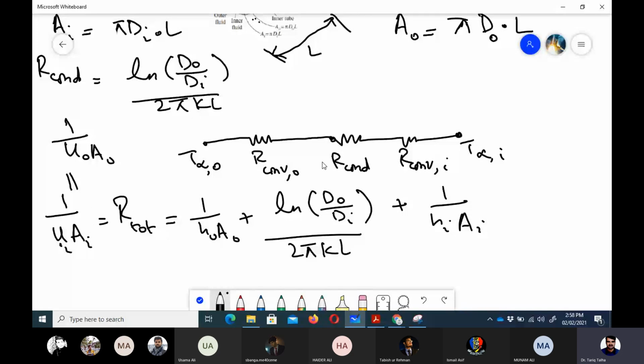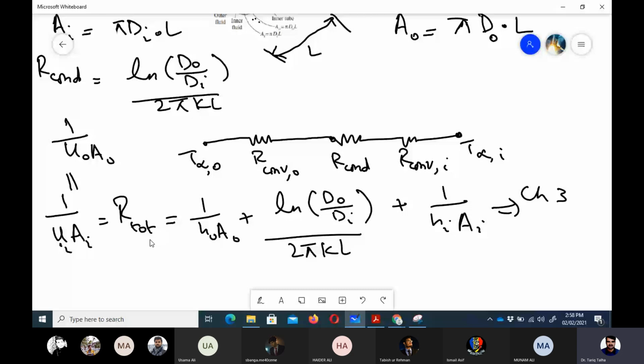We also know this relation from chapter number 3, because in chapter number 3 we also discussed the overall heat transfer coefficient.